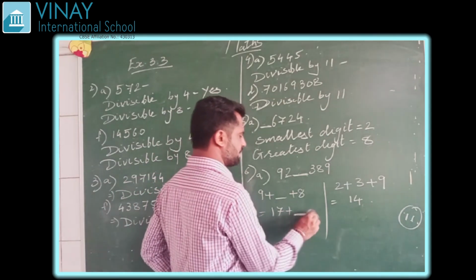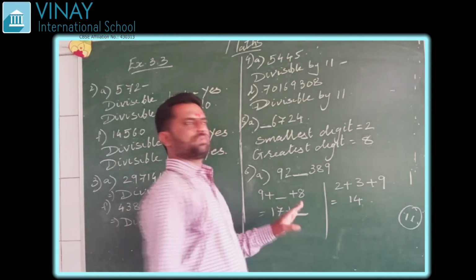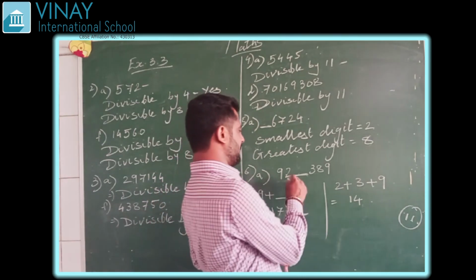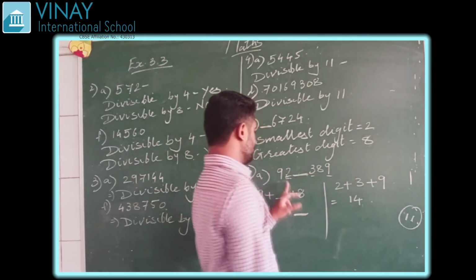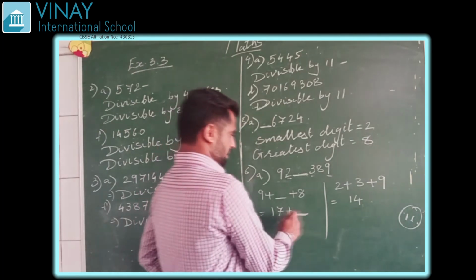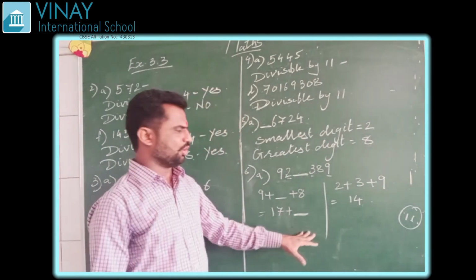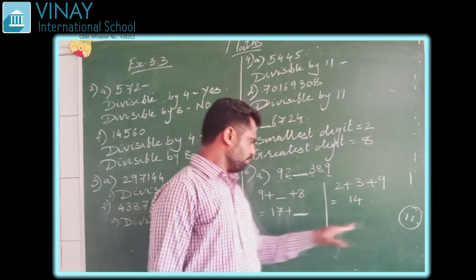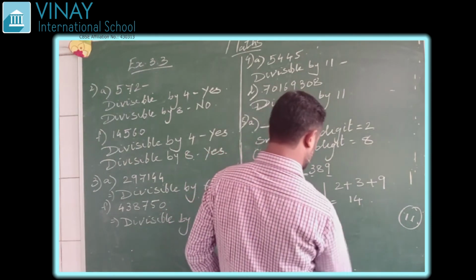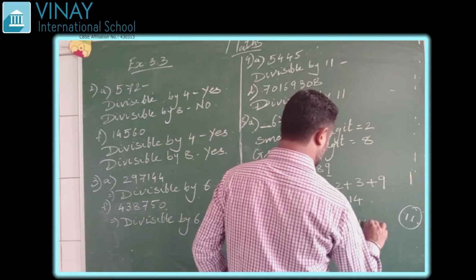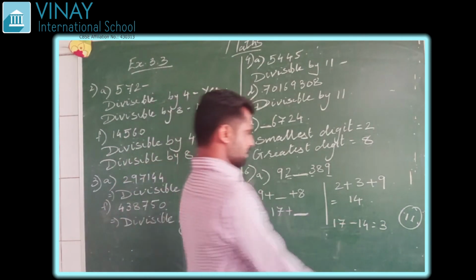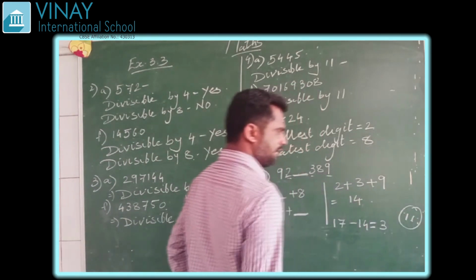Here we need to see which digit we can keep in the blank so that if we subtract the sum of even place, here the sum of even place is 2 plus 3, 5 plus 9 is 14, the difference should be 11. We know that 17 minus 14 is 3. How much is remaining so that it will become 11?